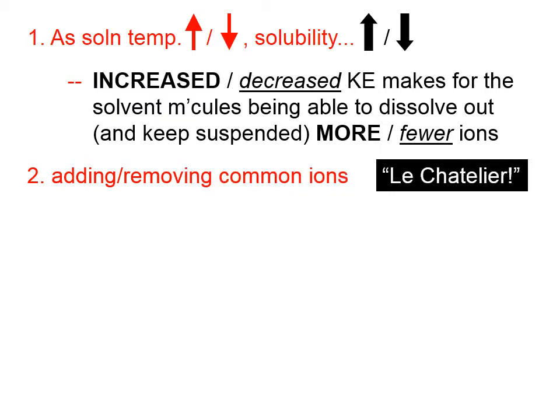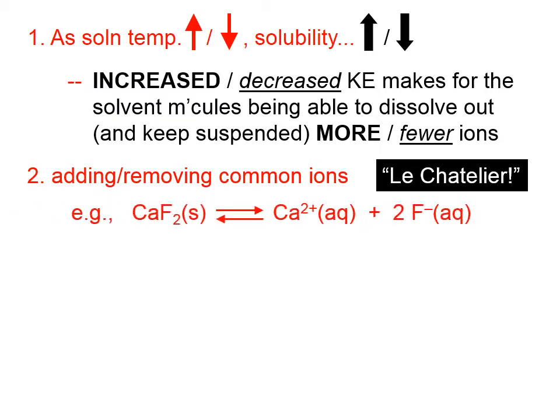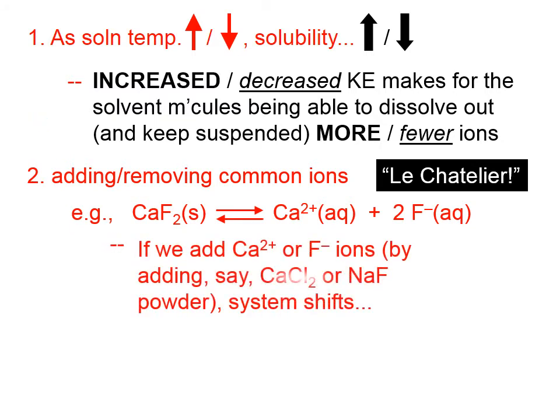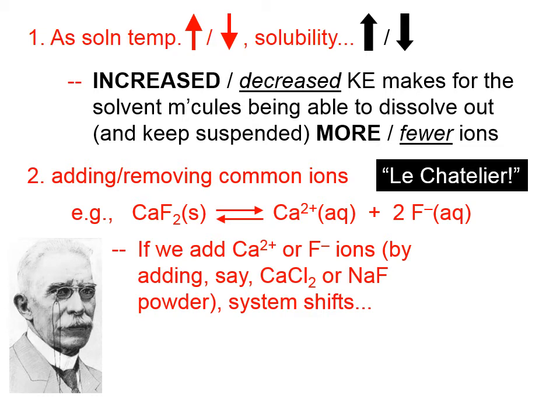Another factor that affects the solubility of insolubles is the adding or removing of common ions. To help you figure out what's going to happen to solubility, you want to keep in mind Le Chatelier's principle here.